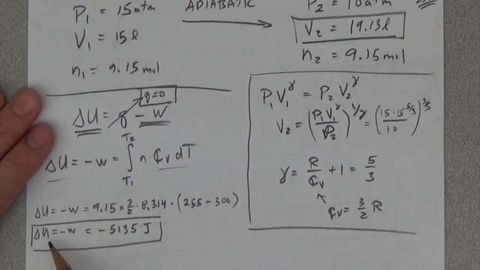Okay, so that gives us work and internal energy, which are parts 2 and 4.